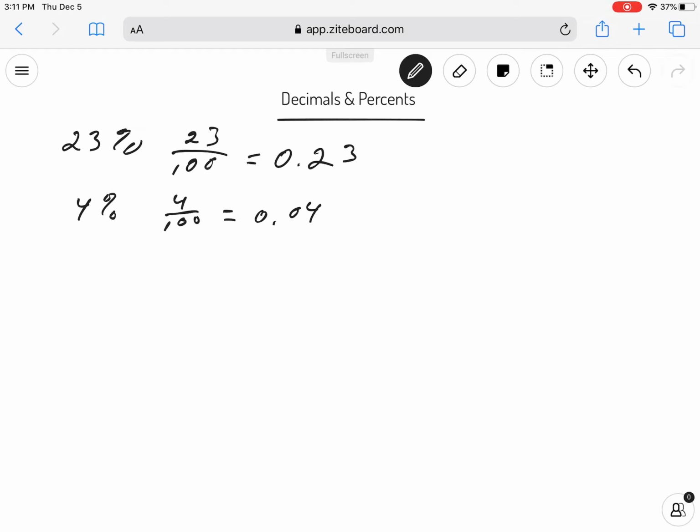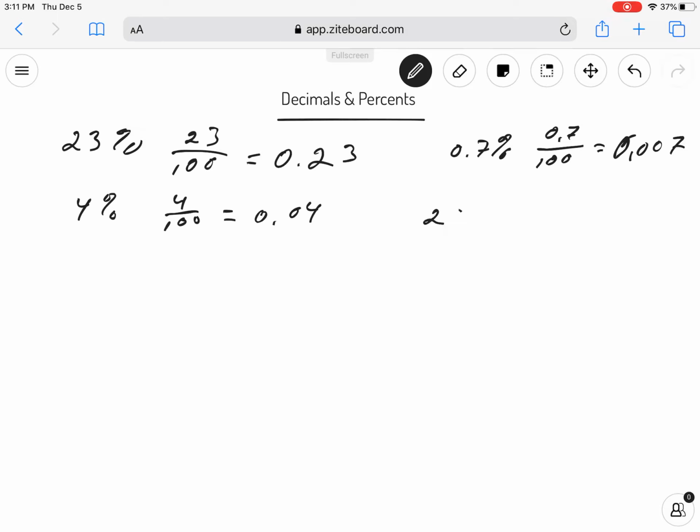Now, let's say we start with a decimal, but it's a percent decimal. So I have 0.7%. I'm still going to write that as a fraction, 0.7. I put that over 100. I do the division, and that gives me 0.007. Okay?